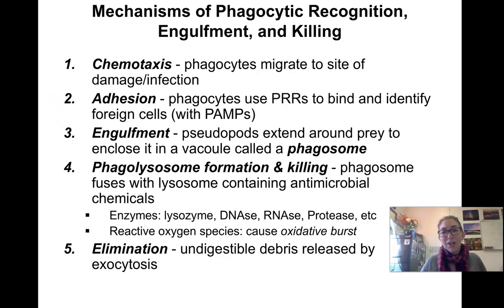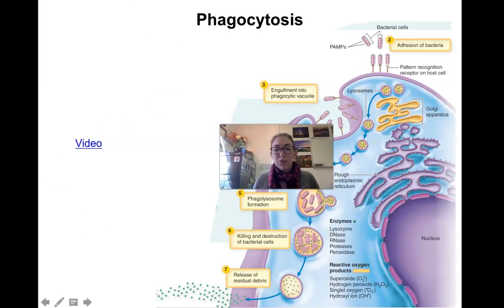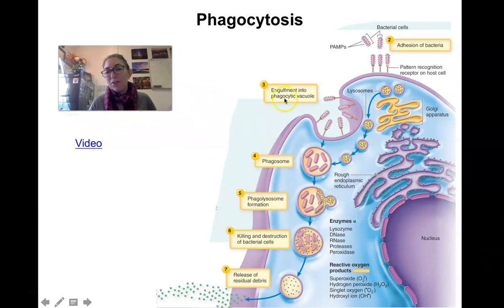Or, as we'll see in the next chapter, sometimes they will display them on their cell surface to show them to other immune cells. So this is just a visual of those different steps, which is probably better to look at than a bunch of words. So first thing it has to do is get to the site, chemotaxis, and then once it's there, it needs to recognize the microbe using the PRR.